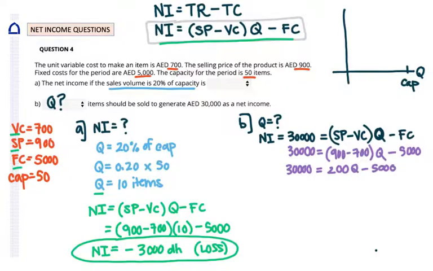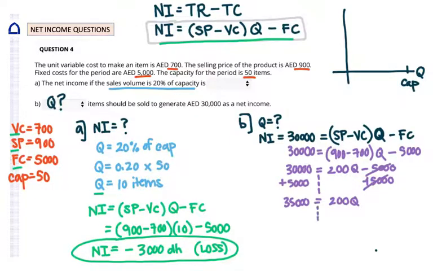Now we will just do some simple algebra to isolate Q. First thing I'll do is add 5,000 to both sides, and we will get that 200Q equals 35,000.